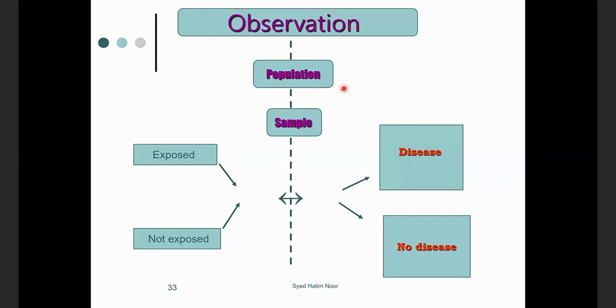Then you will measure the prevalence. For prevalence, you need to take women, for example all women in Malaysia. After that, you withdraw a sample. From that sample of 200, you will see which ones have breast cancer and which ones are without breast cancer.